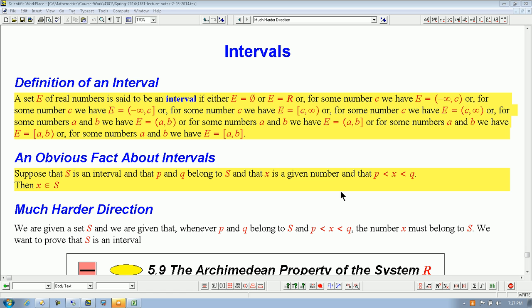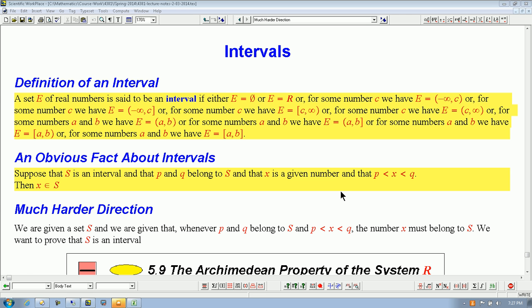That you can never have a non-member with a member below and a member above. If you're a number, and there's a member of the set below and also some member above, then that number has got to be in the set, given. We're going to prove that the set is an interval.